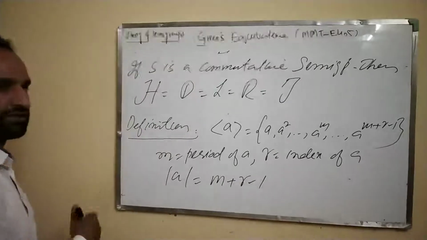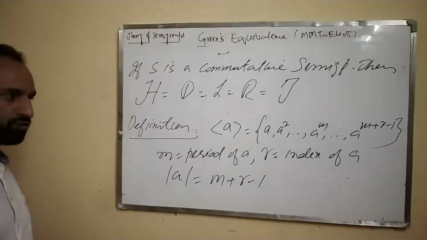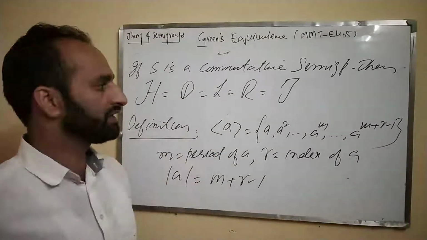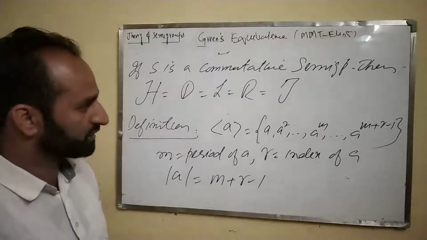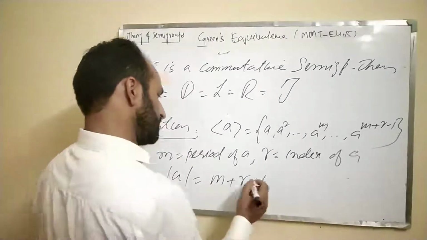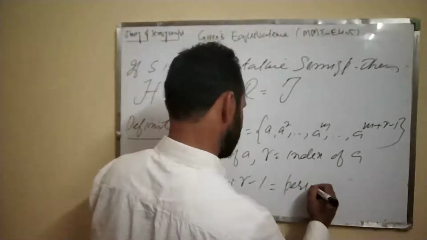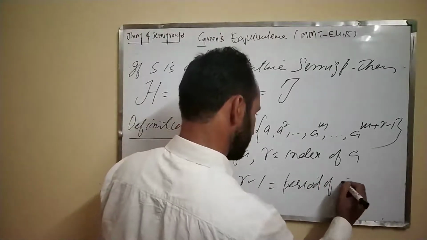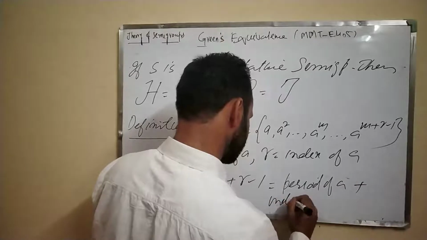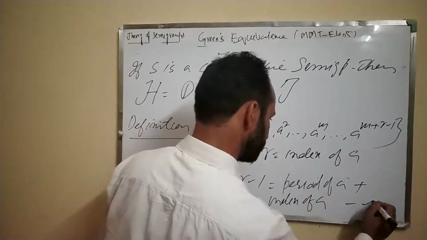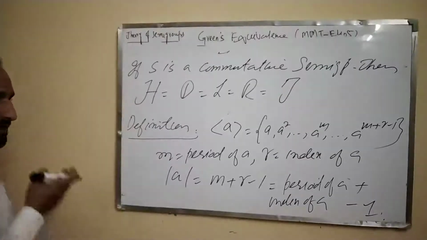It's the number of elements in the finite monogenic semigroup. As in case of groups, the order of a generator is equal to the order of the cyclic group generated by that element. And this is equal to the period of A plus the index of A minus 1. So that's the order of A.